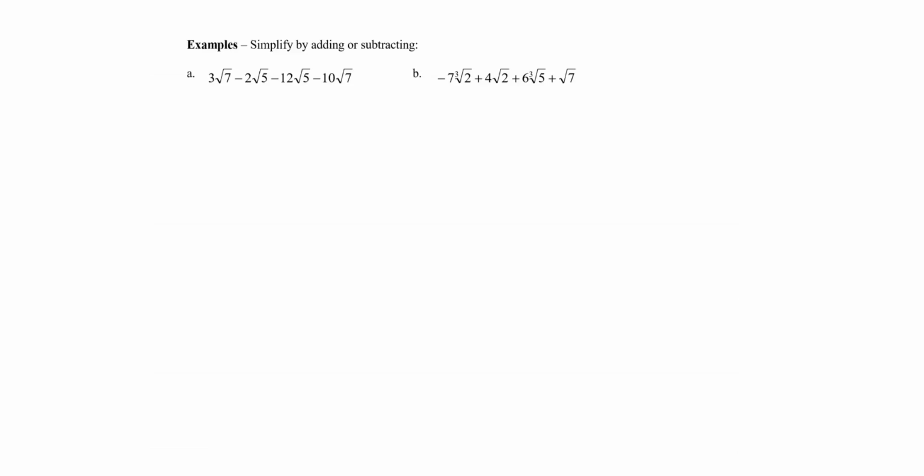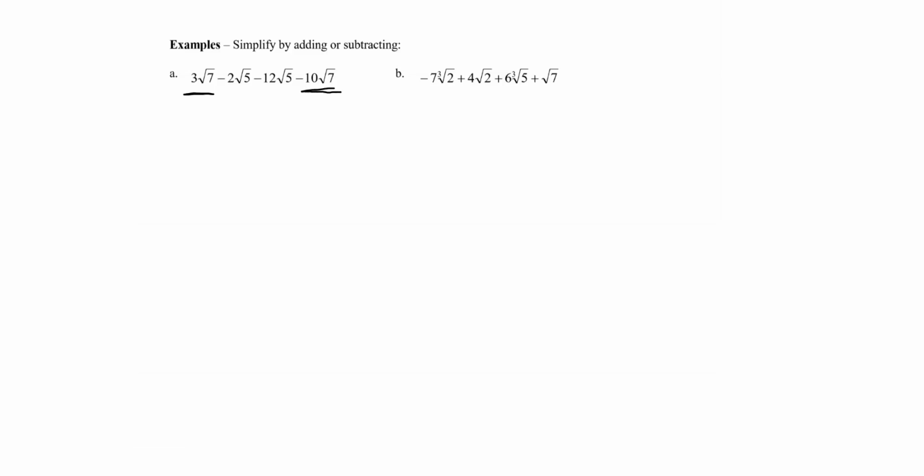So here, if we look at this problem that we have, I have 3 square root 7. And I have negative 2 square root 5, negative 12 square root 5, and then I also have negative 10 square root 7. So when we subtract these two or combine here, I'm going to add like radicals.